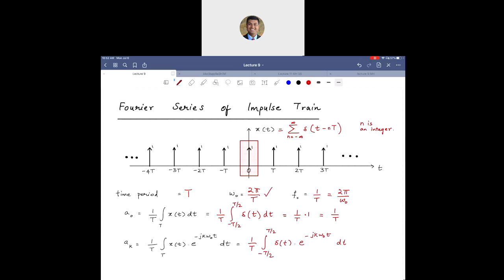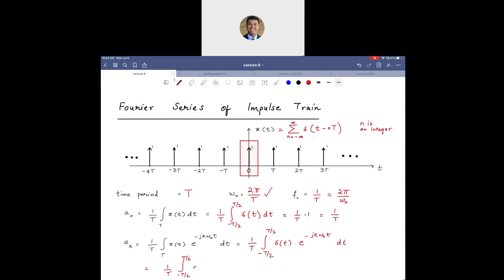What will this be? When you multiply a function of time with an impulse that is also a function of time, then you need to evaluate the function at the time at which the impulse is active. The impulse is active at time 0, which means I need to evaluate this function at time 0. So let's try to do that. Equals 1 over T, integration negative T over 2 to T over 2 remains as is.